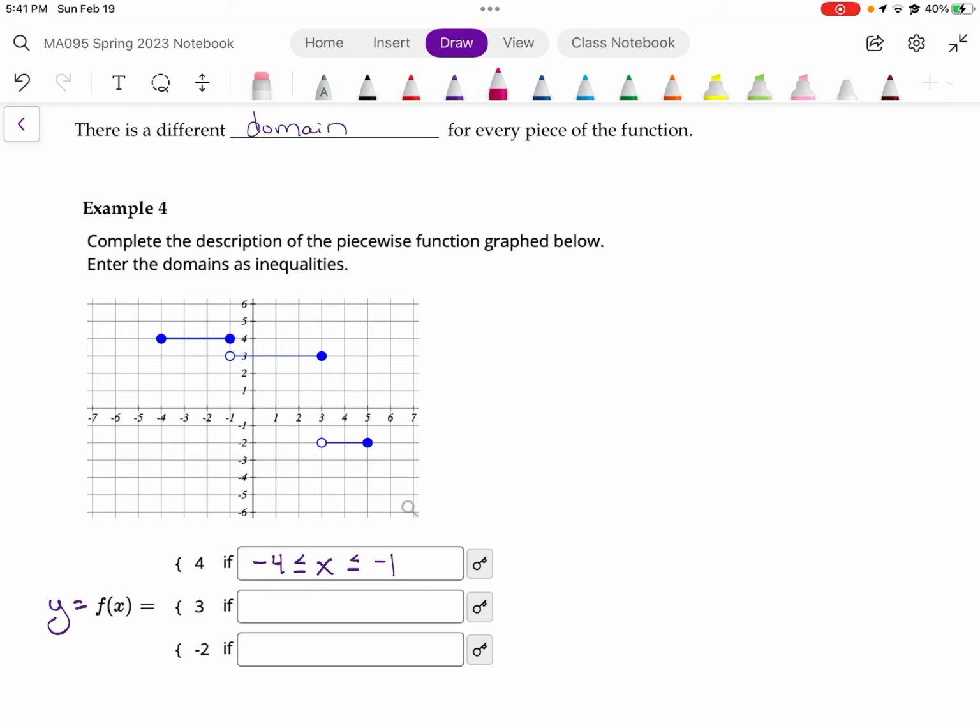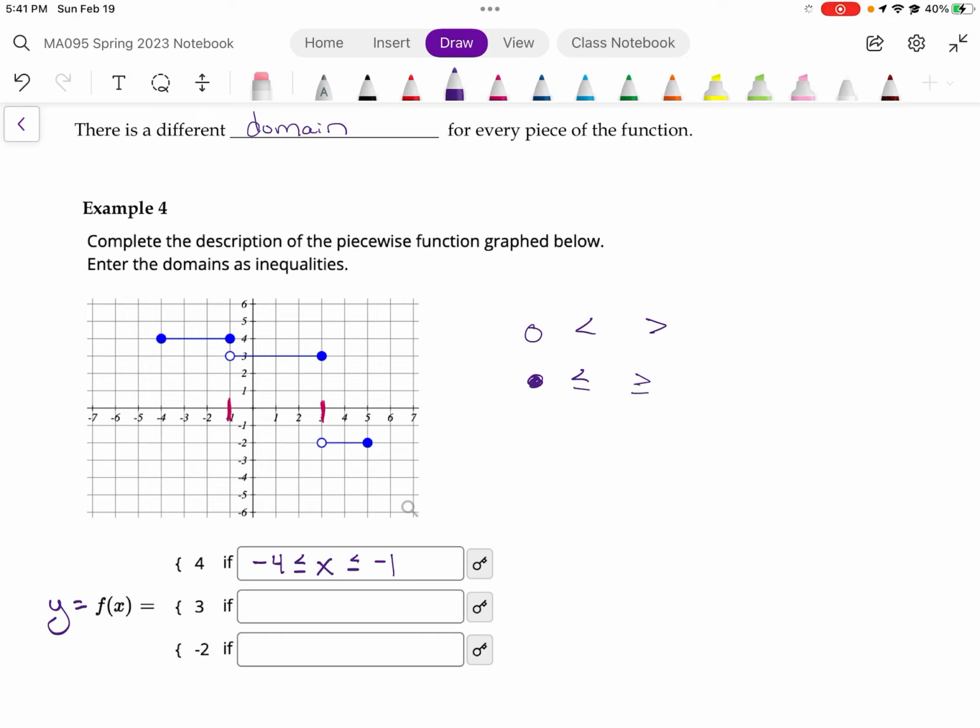All right, so let's look at the next one. The next one is f of x, or y, equals 3. That's that one. And that is going to go between here, -1, and here, 3. Now, which one is open? Make sure you don't include that. So remember, when it is an open circle, it's going to be those symbols. When it's a closed dot, it's going to include the dot.